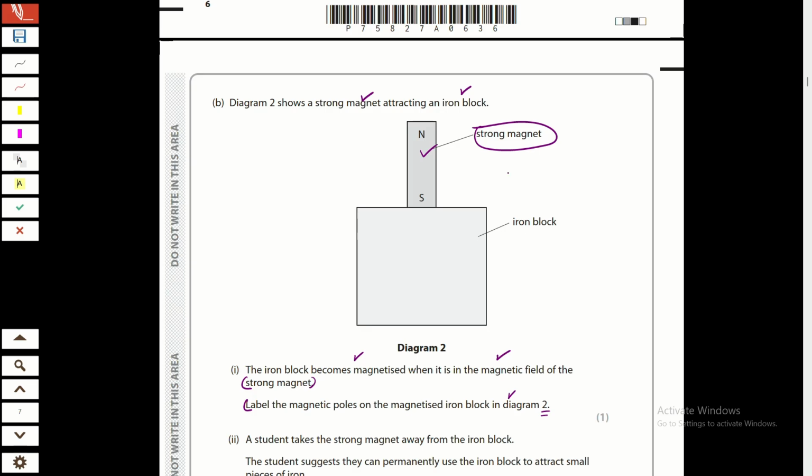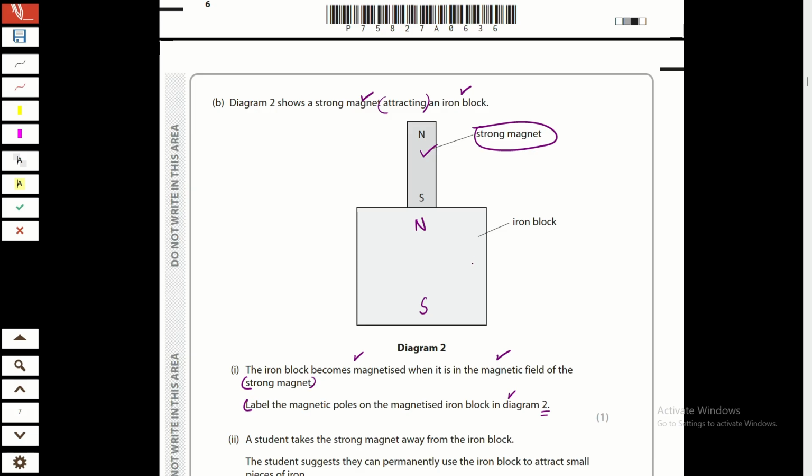So the iron block is basically attracted by the strong magnet. When the iron block is attracted by the strong magnet, the iron block becomes a magnet temporarily. So since the strong magnet is attracting the iron block, this one should be a north pole and this one should be a south pole, because opposite poles attract. The question has clearly stated that the magnet is attracting the iron block.